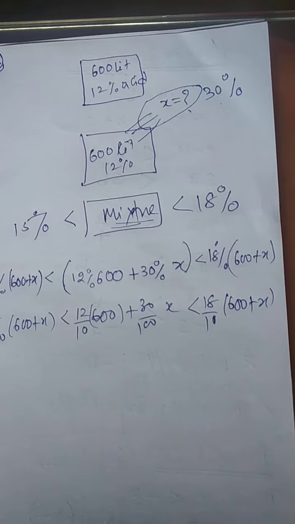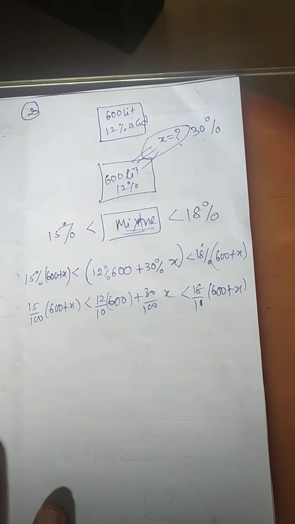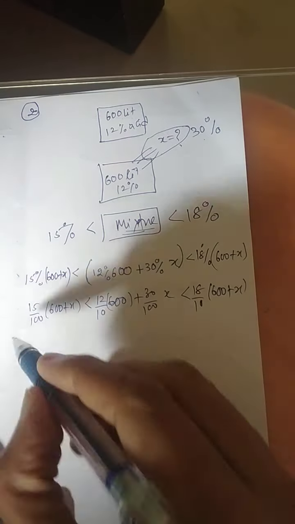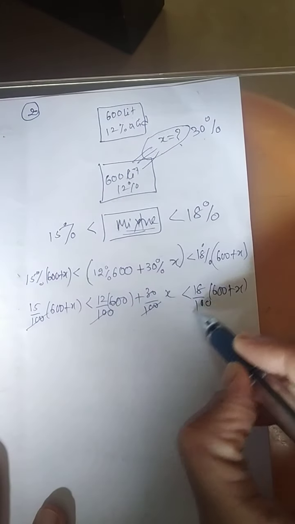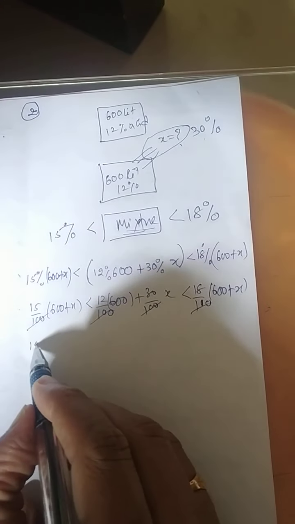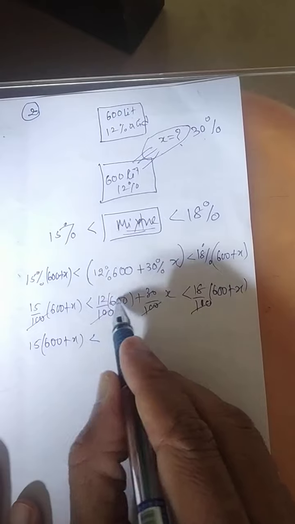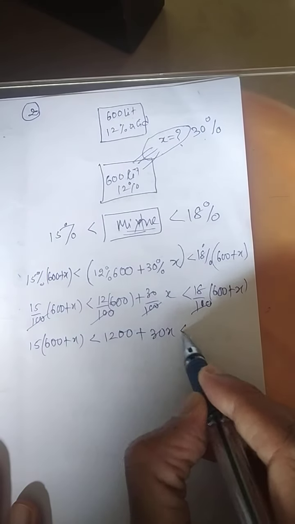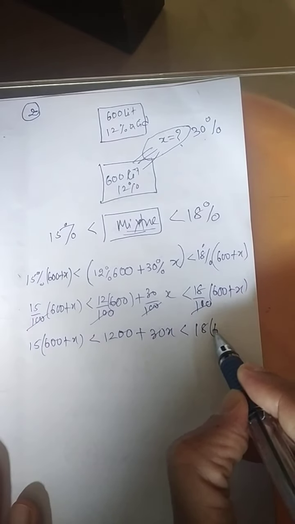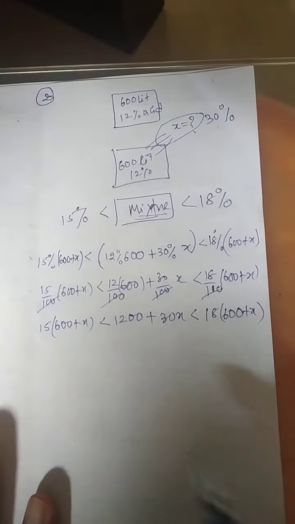If you look at the final expression on your screen, the 100 can be cancelled everywhere. Now it can be written as 15(600 plus x) less than 1200 plus 30x, less than 18(600 plus x). Now how to answer this question?